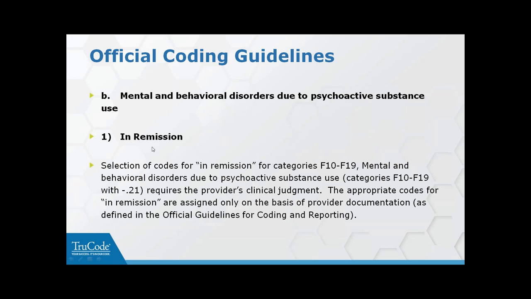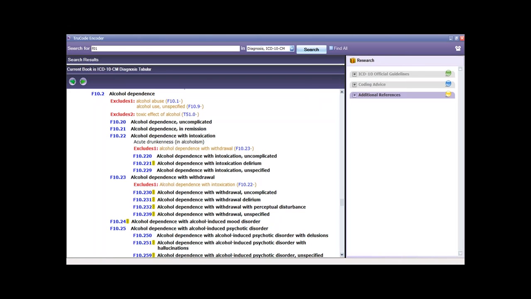So it talks about what about remission? What do they mean by remission in mental and behavioral disorders due to psychoactive substances? So it basically says it's due to the provider's clinical judgment. So we need to make sure that the doctor has documented as such before we are able to use that. You can see here is under alcohol dependence. Alcoholism would go here as well.